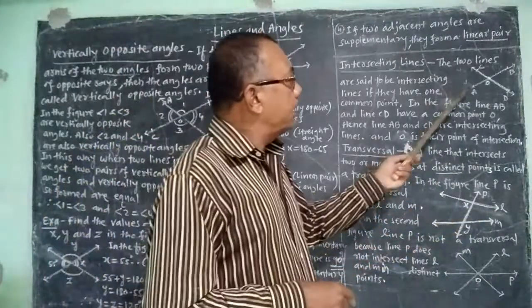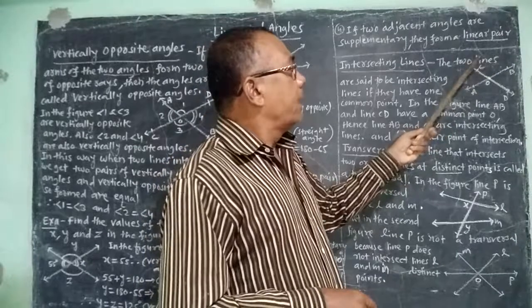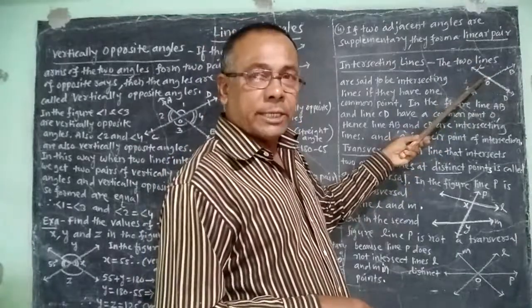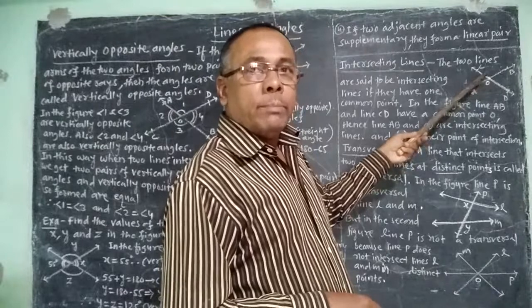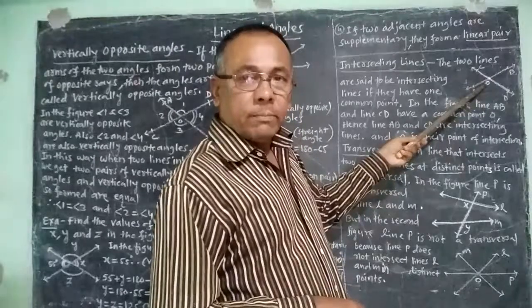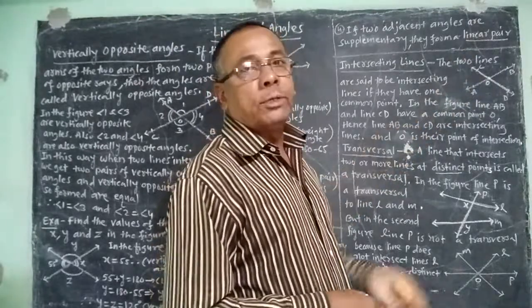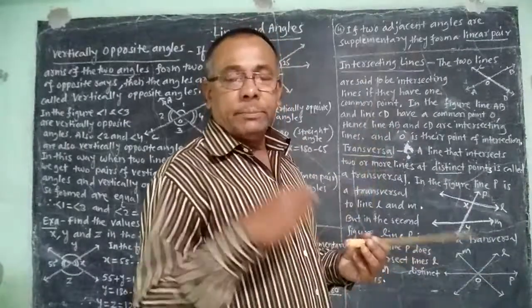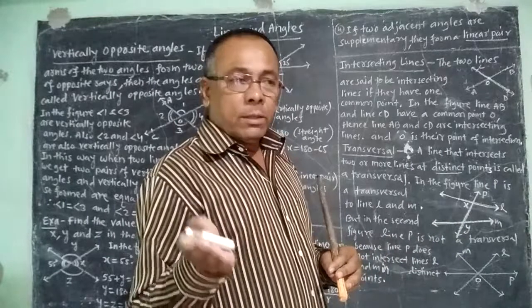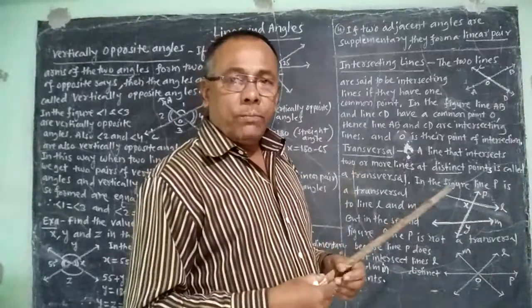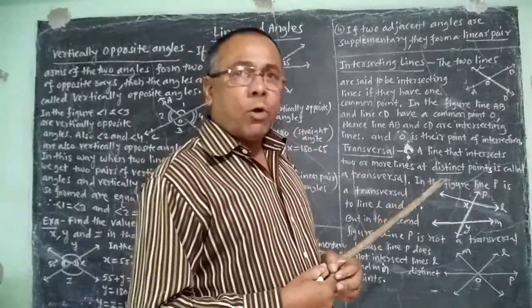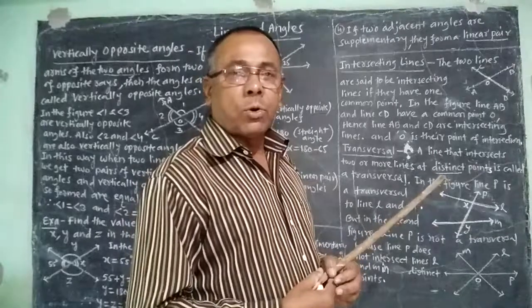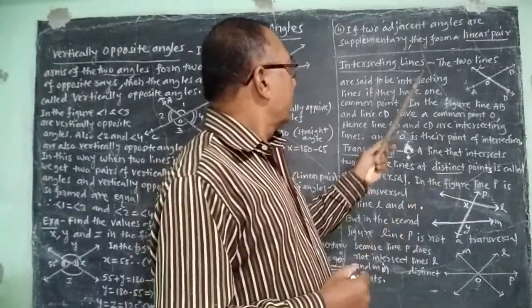Here in the figure it is seen that line AB and line CD intersect at O, meaning O is their common point. According to the definition of intersecting lines, if two or more lines have only one common point, then the lines are called intersecting lines.